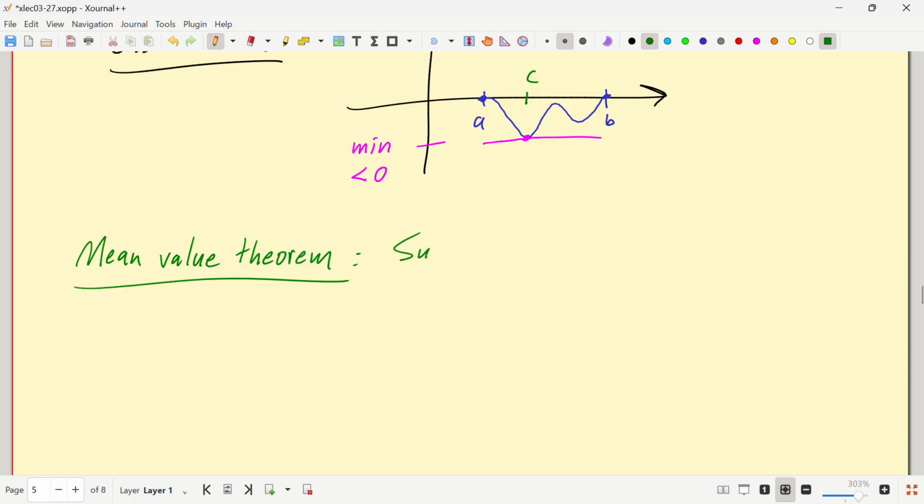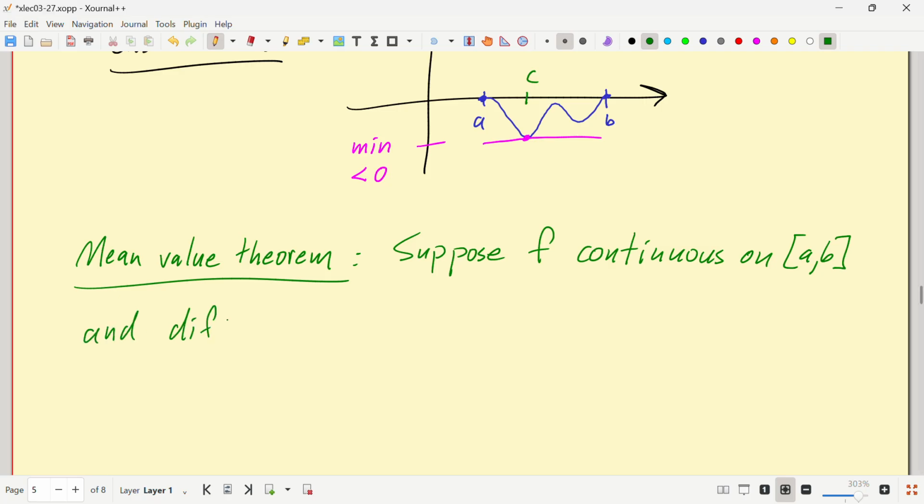So we suppose that f is continuous on a closed interval and differentiable inside, on the open interval AB.